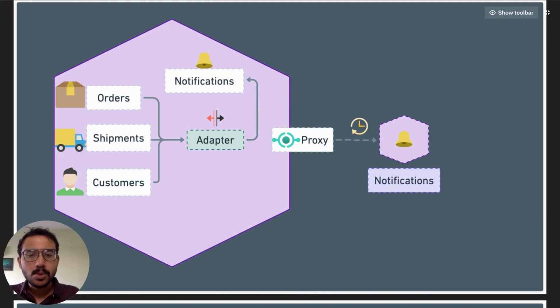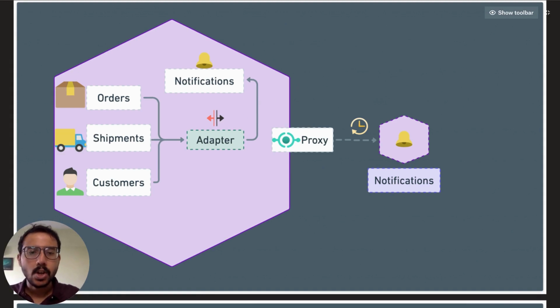If we are decomposing a monolith, the new implementation can be a proxy that makes calls to our notification service. We continue to serve requests using the old implementation until we are ready to cut over.